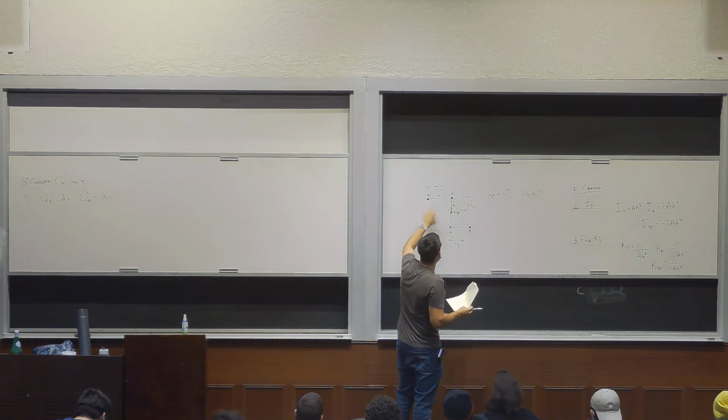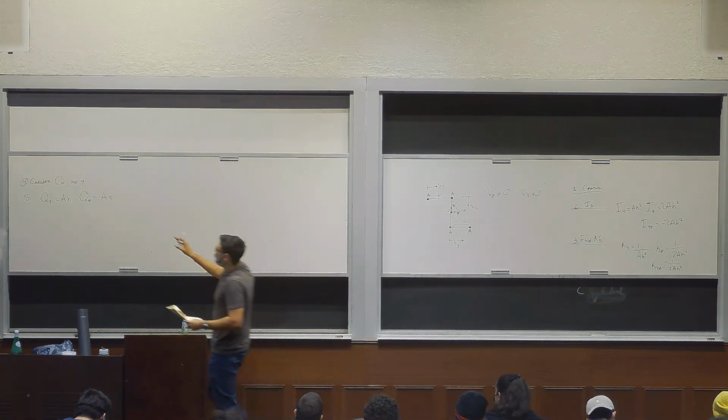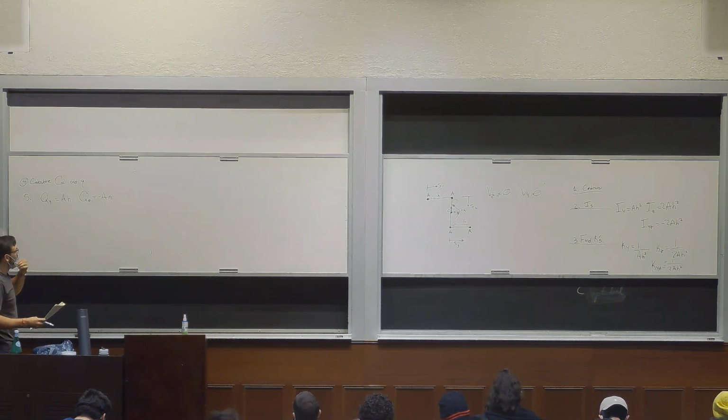So the centroid in the Y direction is going to be negative H. So that's why this one is negative. All right. So in this case, we have two Qs.